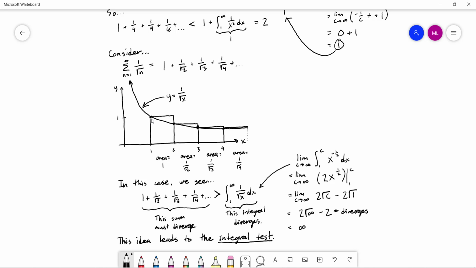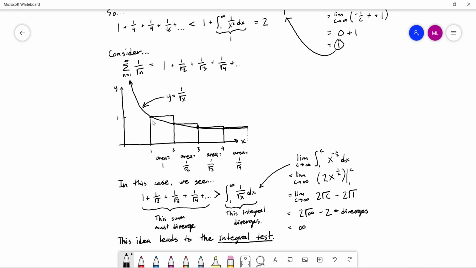So basically, if I can find a way to treat these numbers here as areas that we're adding up, and tie those rectangles to some continuous curve, I can compare the area under the curve to the area of the rectangles.